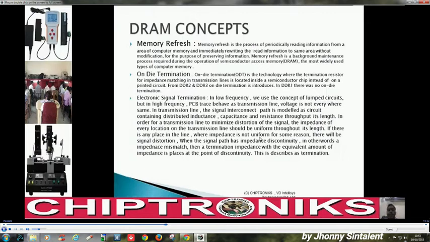Why dynamic? In RAM there are many capacitors present, right? What the capacitor does is it stores charge, right? The RAM stores data in the form of capacitor charge and discharge, right? That is a very basic concept of storing data.